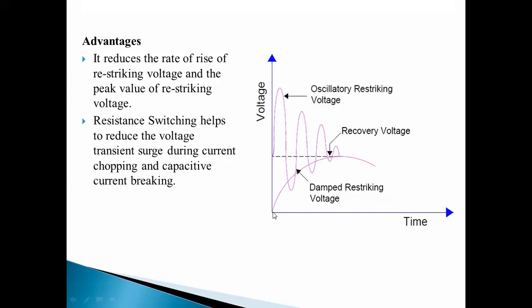So when this current 0 is there, actually the wave is shown. So our wave is a sine wave. When that voltage is increasing to the maximum value, that restriking voltage is also maximum, but that is oscillatory, right? So this is the oscillatory restriking voltage, and after that it recovers.